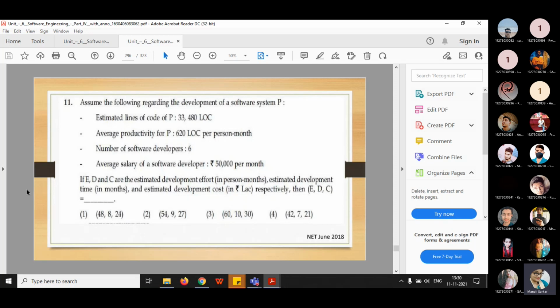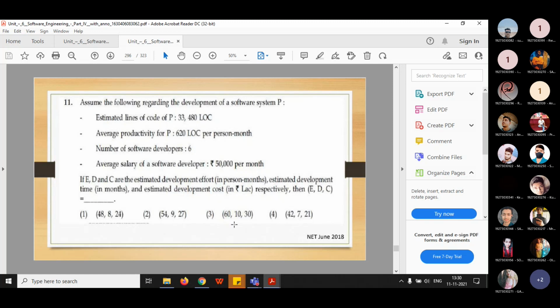Now in the question, E, D and C are the estimated development effort, development time, and development cost respectively. Time is in months, effort is in person months, and cost is in lakhs.